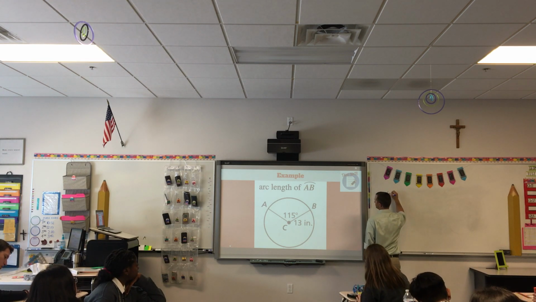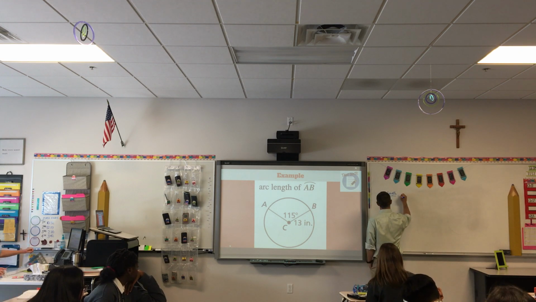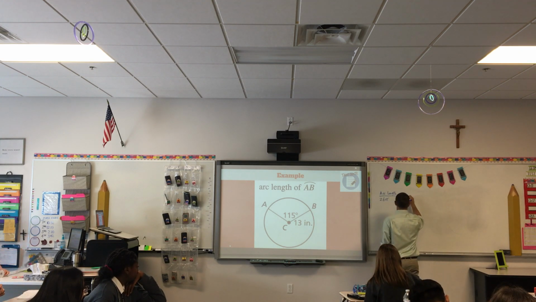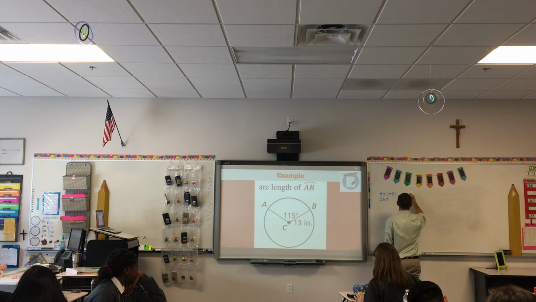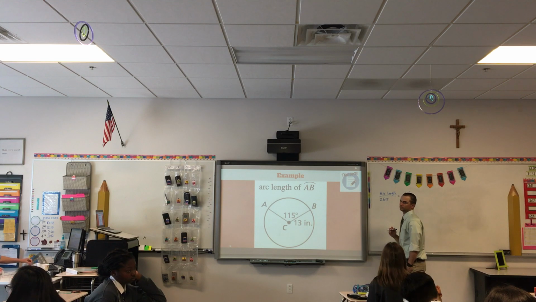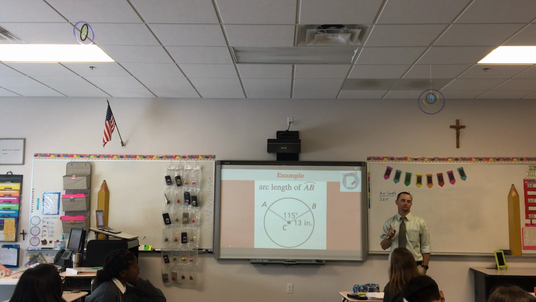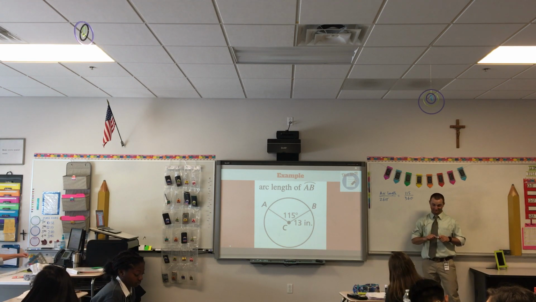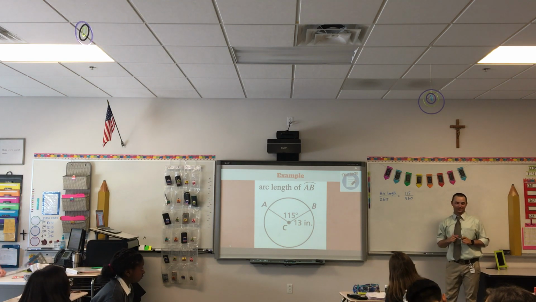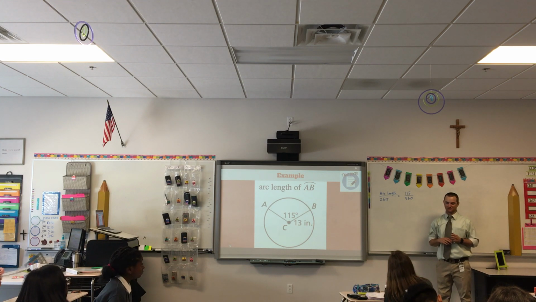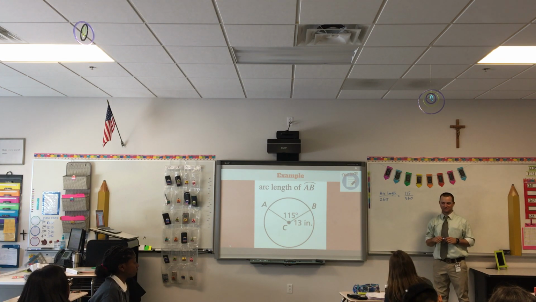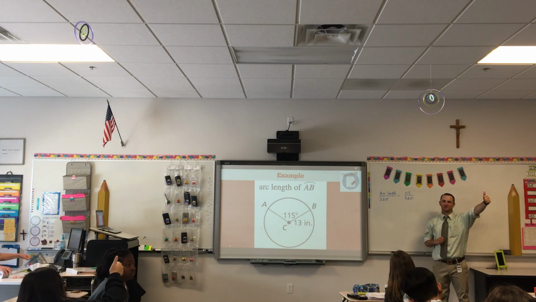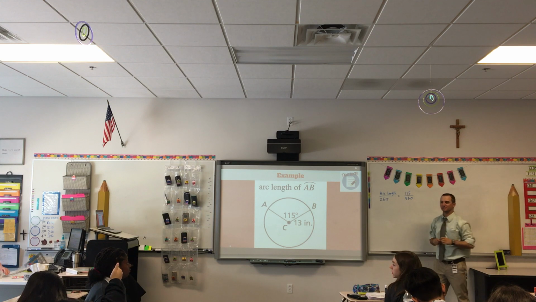I'm struggling with this one. How did you get pi over 26? Because the diameter is 26. JP, I got 299 pi over 36. Thumbs up if that's what you got.